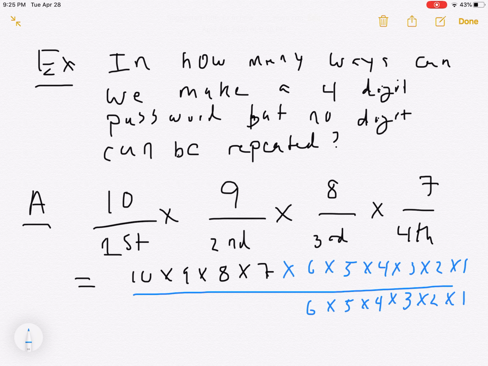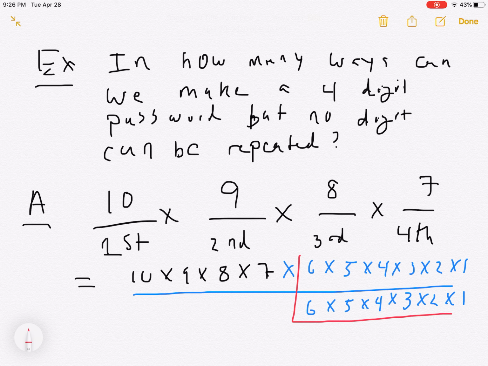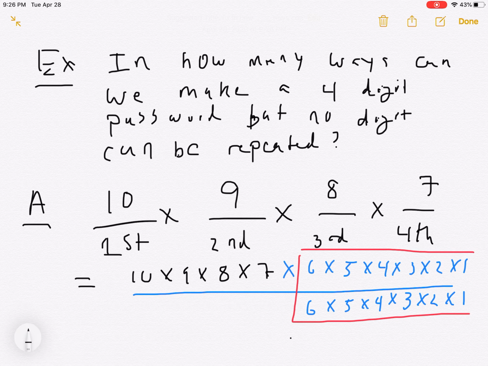The reason I'm going to write it like this is because these two cancel each other out. But there's common mathematical notation for the numerator and the denominator. The notation that we have is that this is going to be 10 factorial divided by 6 factorial. And this is an example of what's called a permutation.